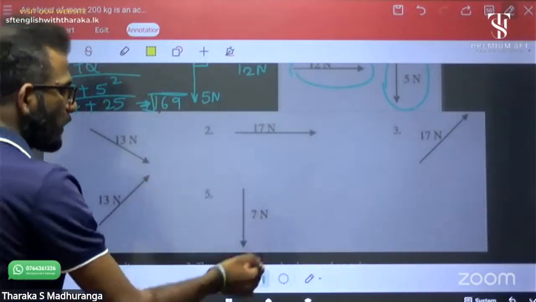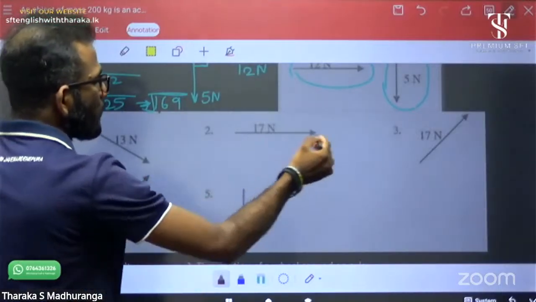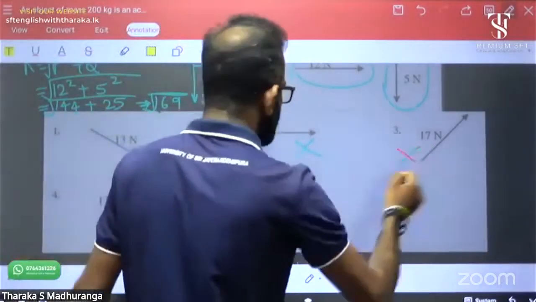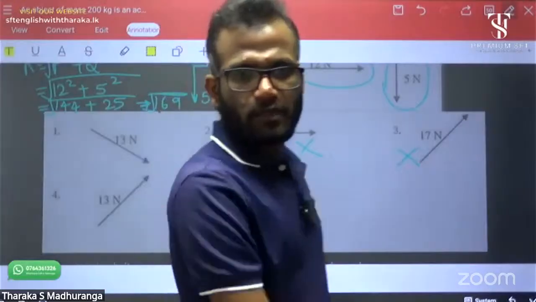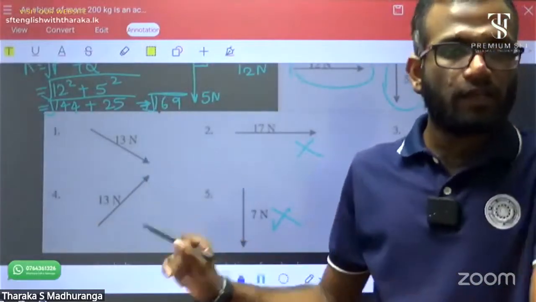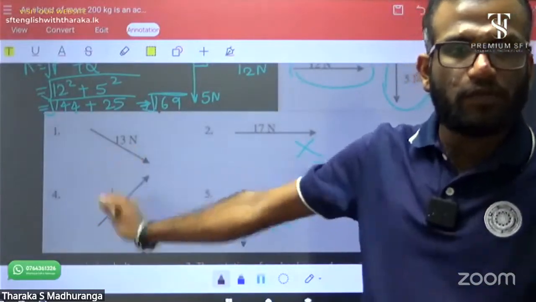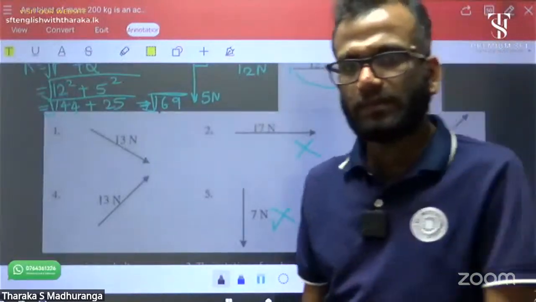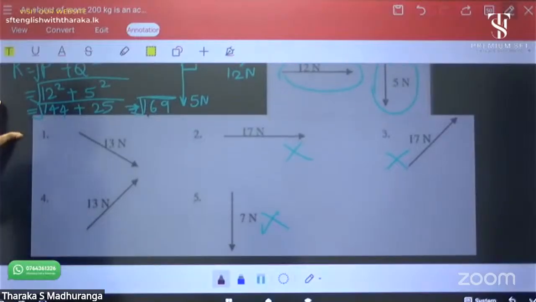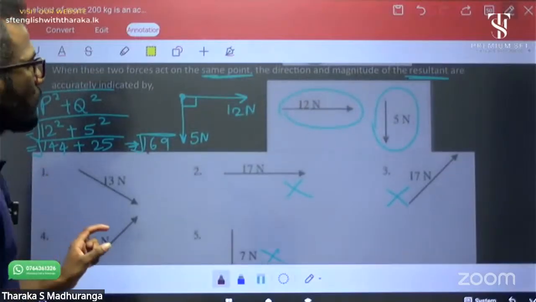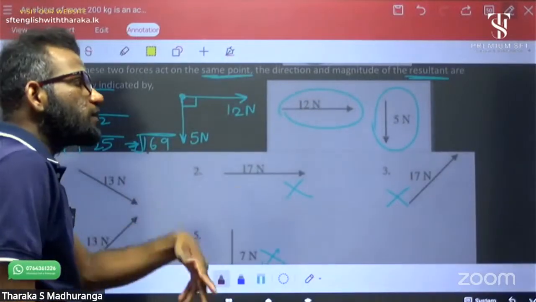Yeah. Then you can reject all other answers. The answer is the first one or the fourth one. But how to select the correct answer? Two answers with the correct magnitude. What to do? Udanya, how to select? Two forces acting along perpendicular directions, no?